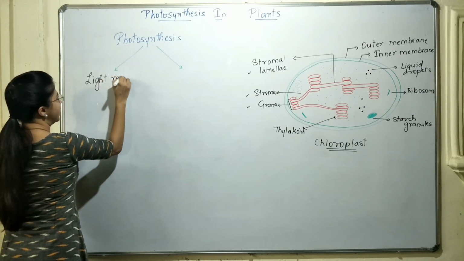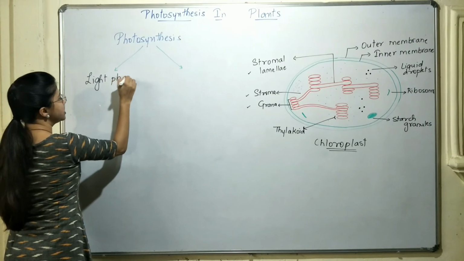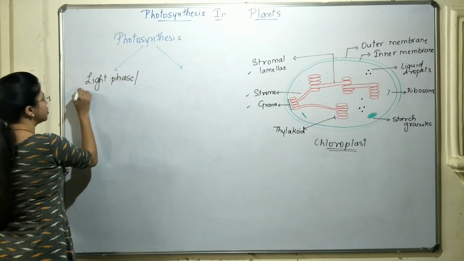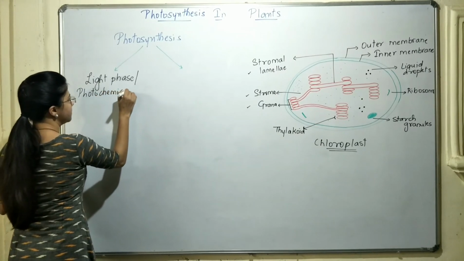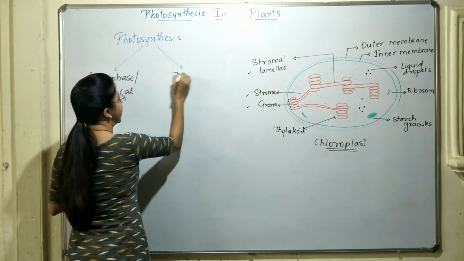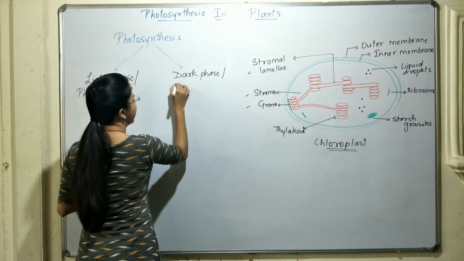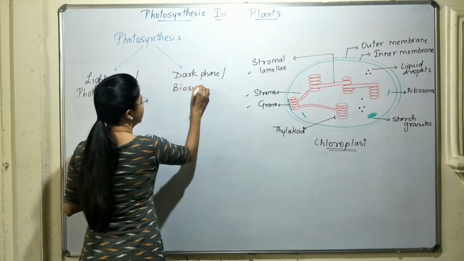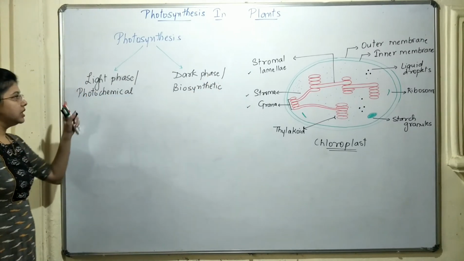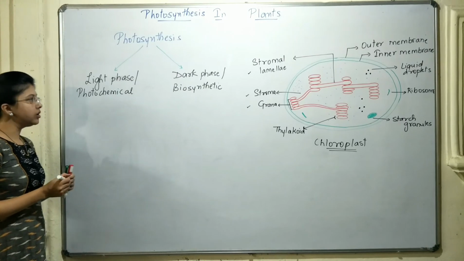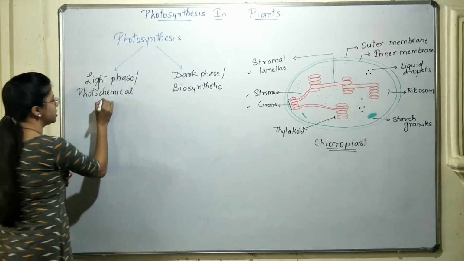Actually, photosynthesis will have two phases: the light phase, which can also be called the photochemical phase, or the dark phase, which can also be called the biosynthetic phase.